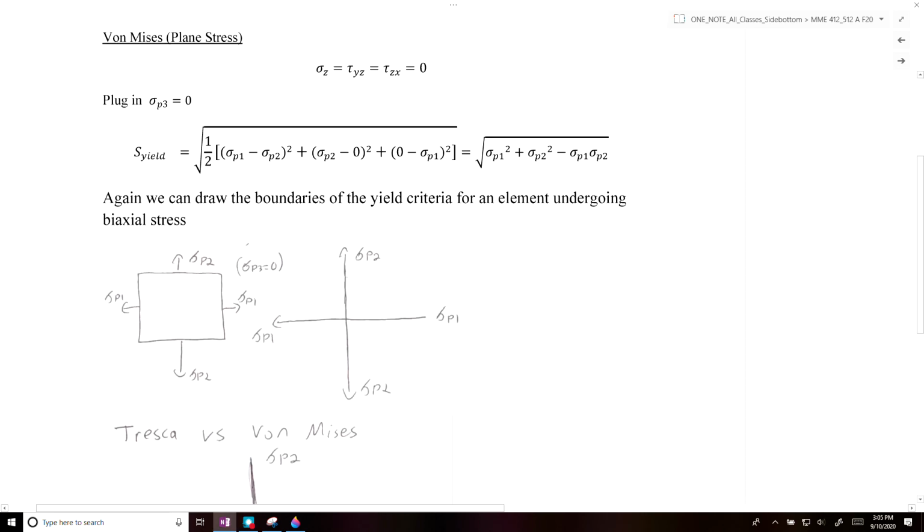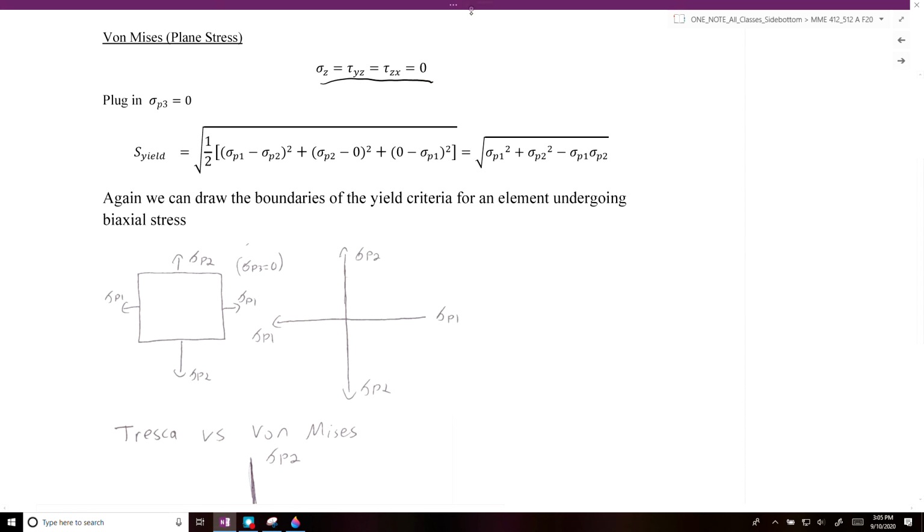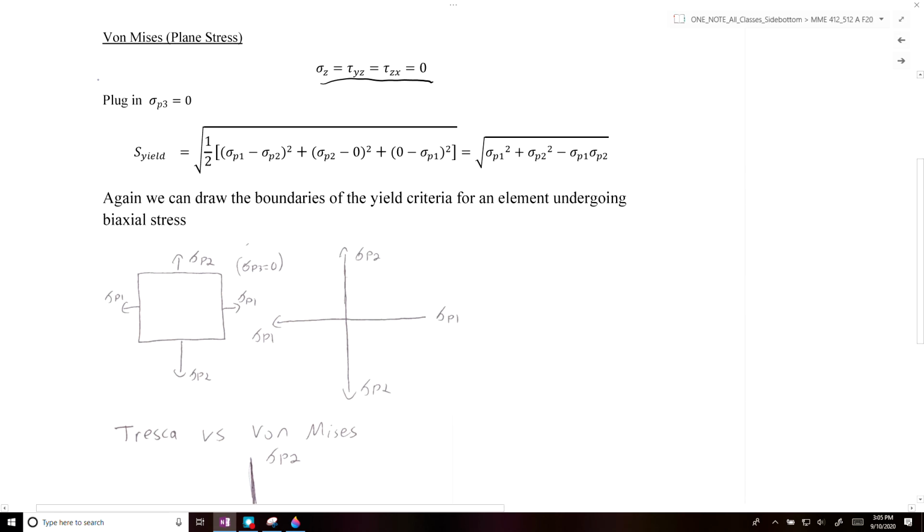So if we have a case of plane stress, for the von Mises, we can plug in that sigma P3 would be 0 in the case of plane stress. So if we plug it into our von Mises yield criteria, we know that the yield strength would be equal to our von Mises strength at the yield point. If we plug in sigma P3 equal to 0, we'd end up getting the simplified equation for our von Mises stress.